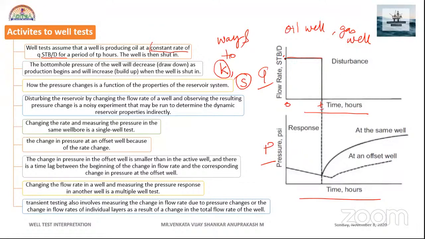You observe that it follows a line parallel to the x-axis. What does that mean? It means that it is a constant rate, sometimes called a constant terminal rate.